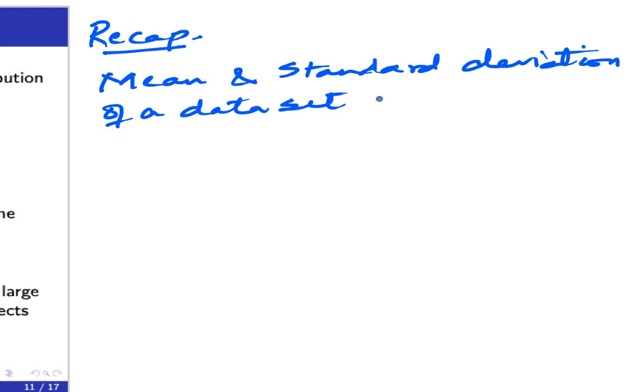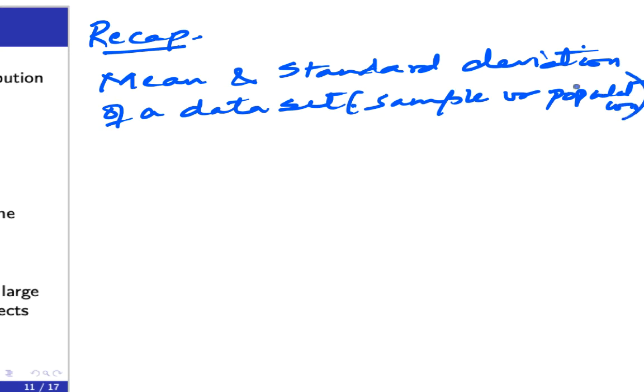Many ways of looking at what your research study is about. So here we looked at mean and standard deviation of a data set, which can be a sample or a population. That doesn't matter.